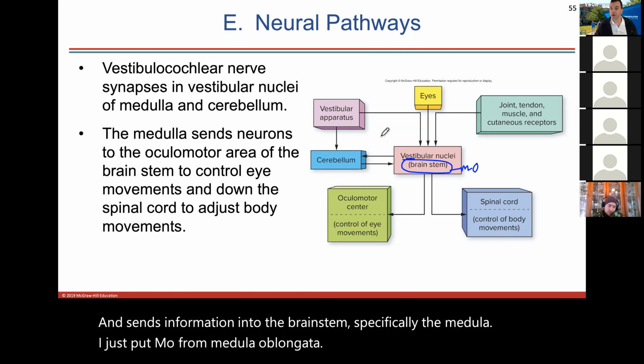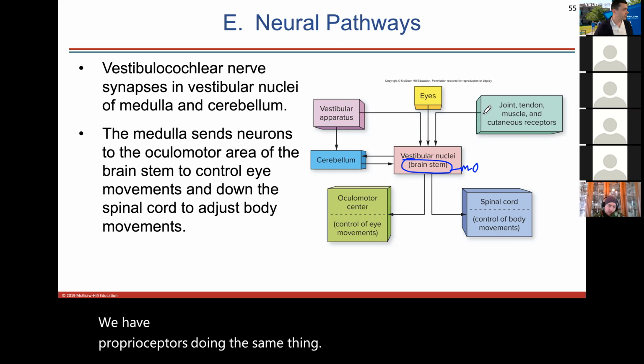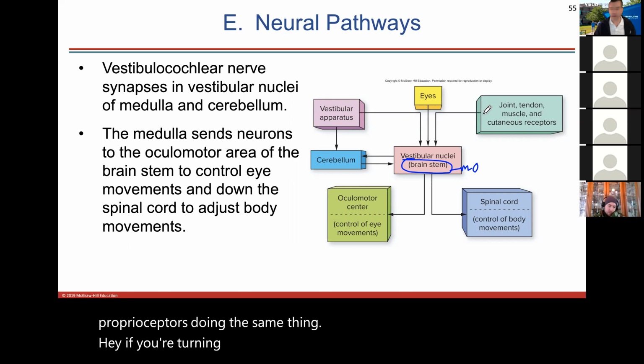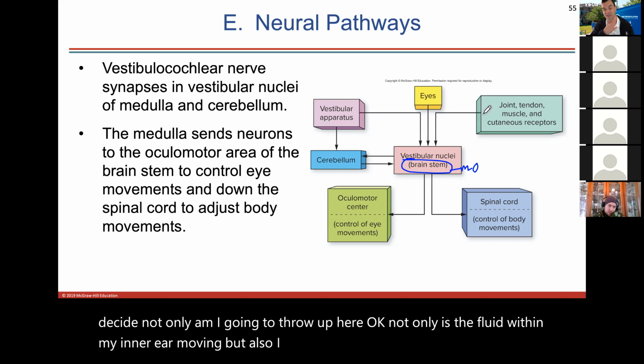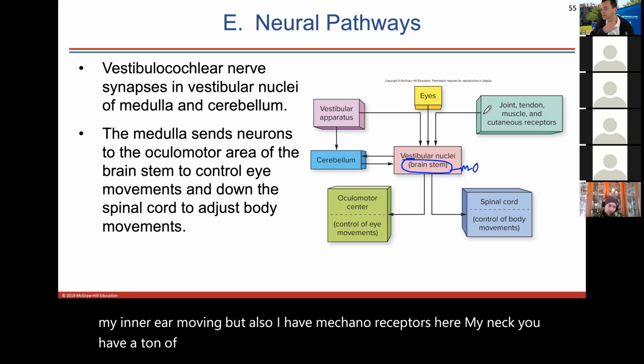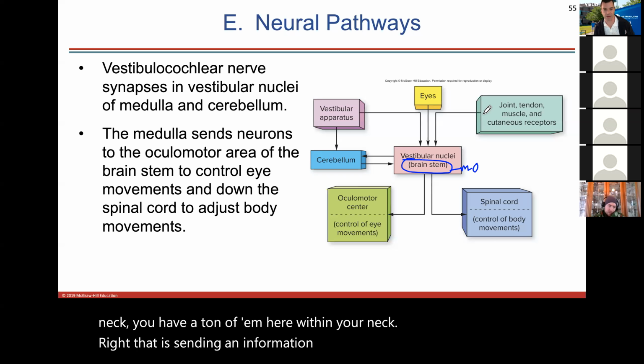We have proprioceptors doing the same thing. If you're turning around and looking around really fast side to side, not only am I going to throw up here, not only is the fluid within my inner ear moving, but I also have mechanoreceptors here in my neck. You have a ton of them within your neck. That is sending information to the medulla oblongata, into the vestibular nucleus.